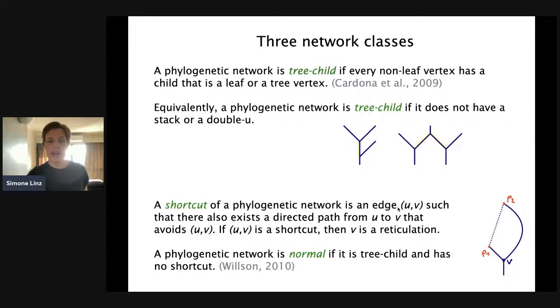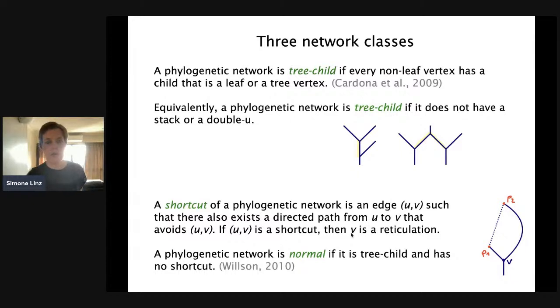These network classes collect phylogenetic networks that have some structural properties that help us with our analysis. I'm not saying that these are biologically meaningful classes, but from a mathematical point of view, they're very helpful. The first class I would like to introduce is the class of tree-child networks.